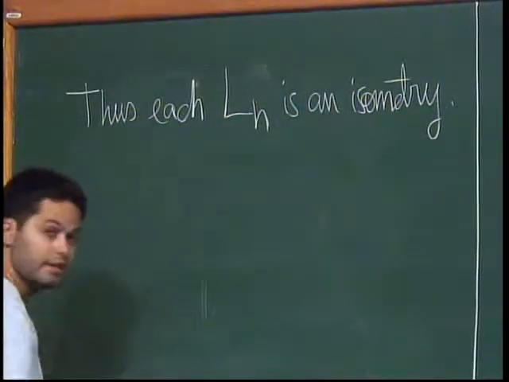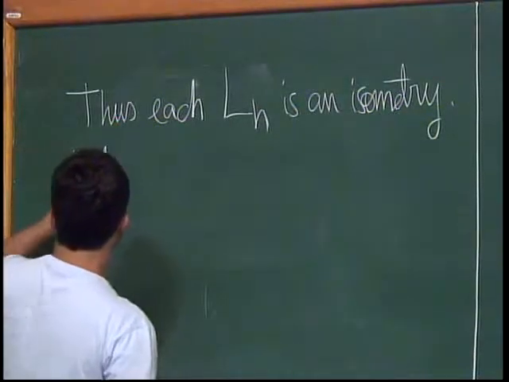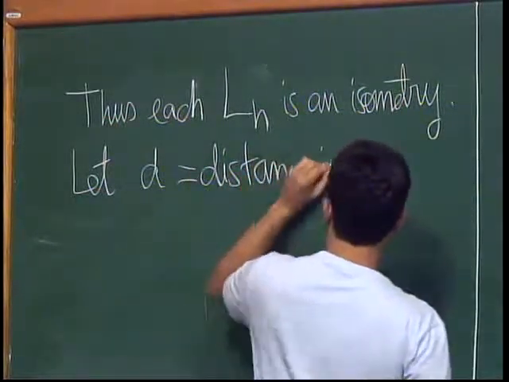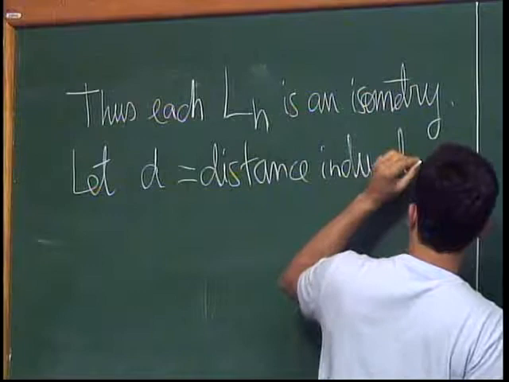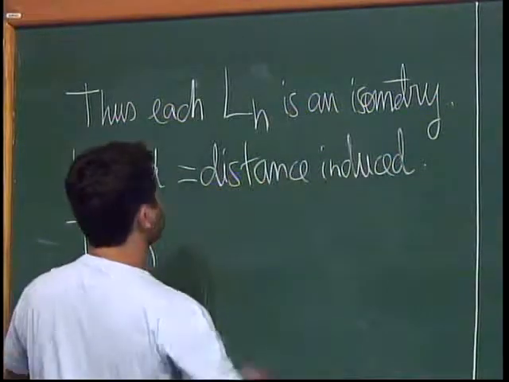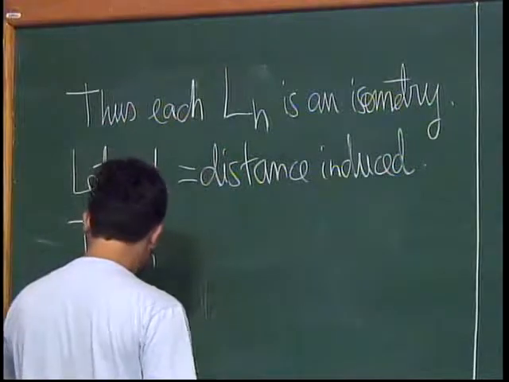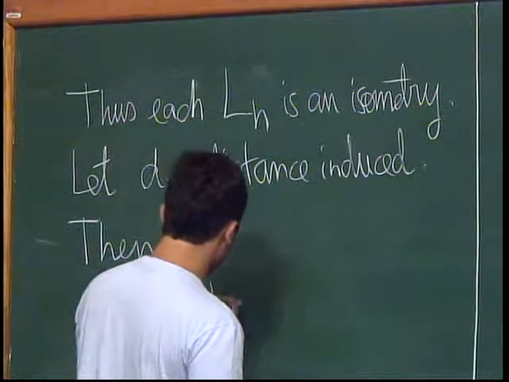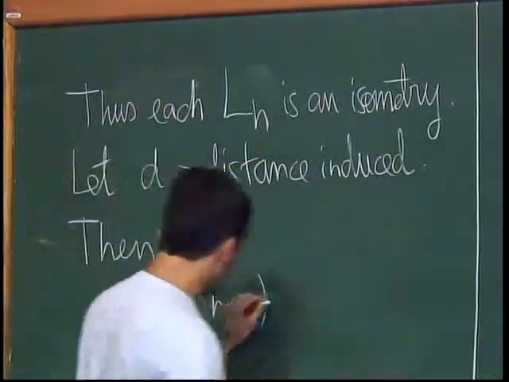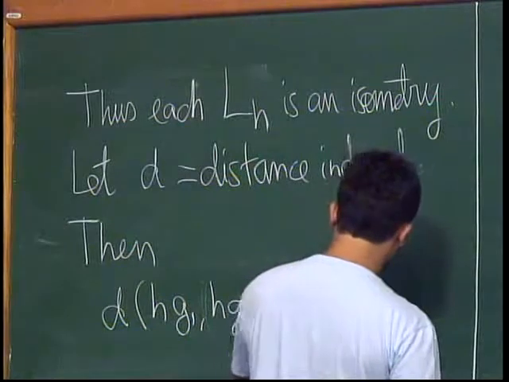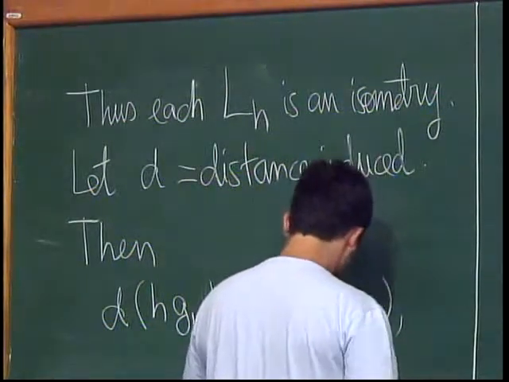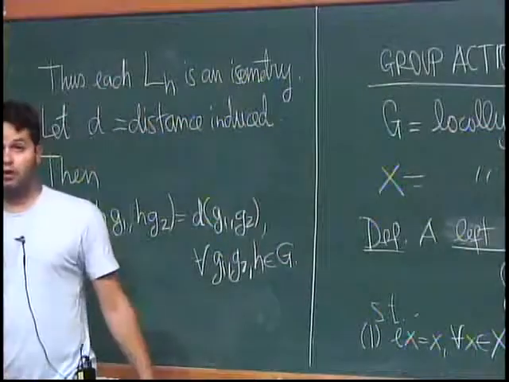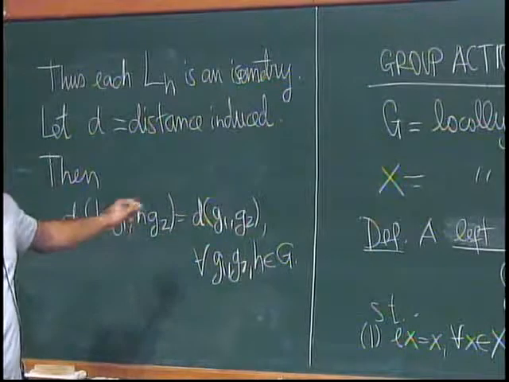If you consider the distance induced by this metric, then to say that these maps are isometries is the same as saying that the distance between hg1 and hg2 is the same as the distance between g1 and g2. So this is what I call a left invariant distance, or a left invariant metric.